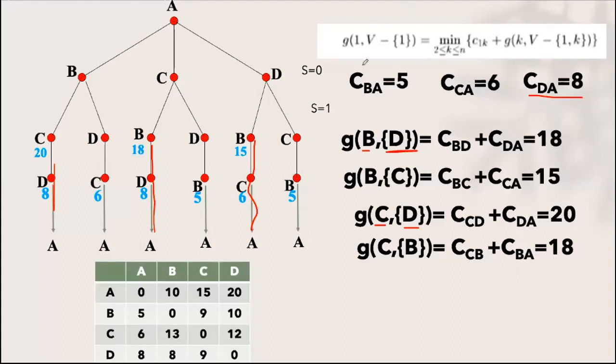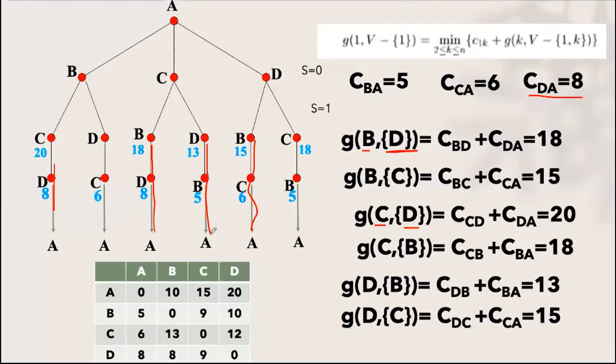This is the same formula we are substituting. Next, cost of D. Cost of D to B plus cost of B to A, that is 30. Next, cost of D to C plus cost of C to A, that is 50.